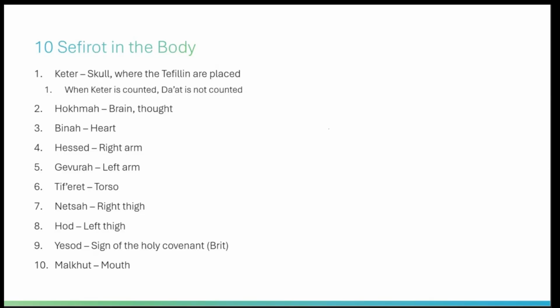There are two levels of Daat. It depends which level we're counting. So I think the higher level of Daat is connected to Keter, and therefore it doesn't count as its own sefirah. The lower level is, anyways. I don't think it really comes up in that particular question. I don't think it really comes up in Tanya.